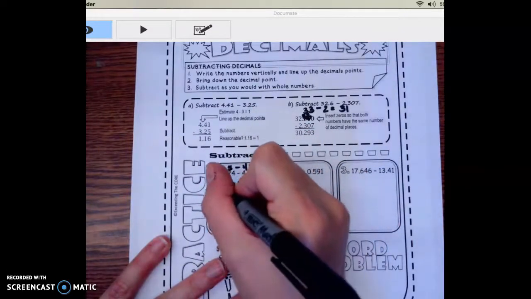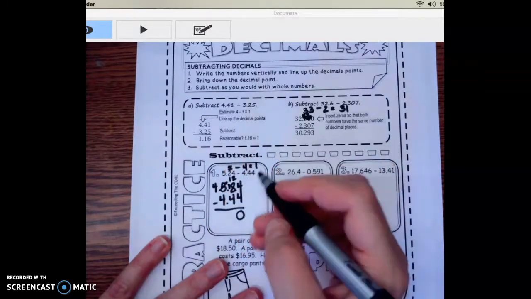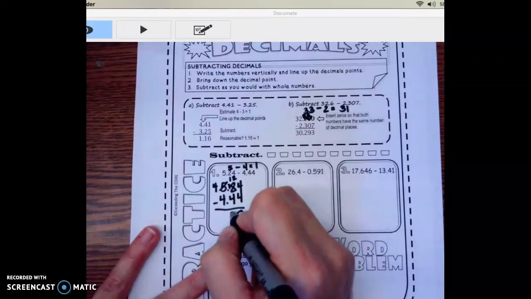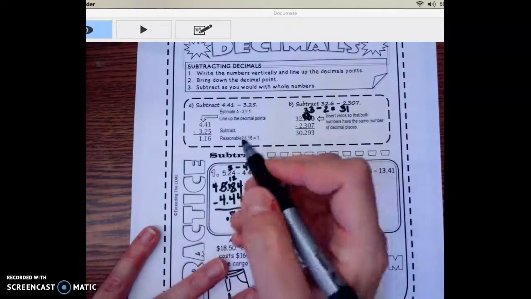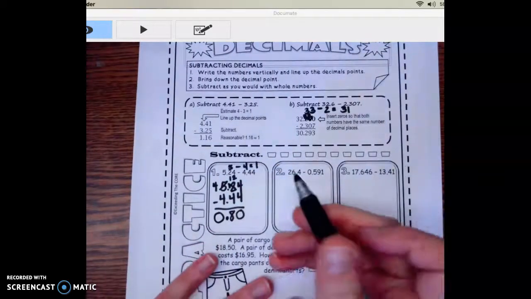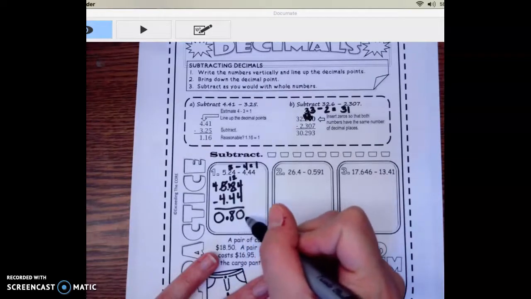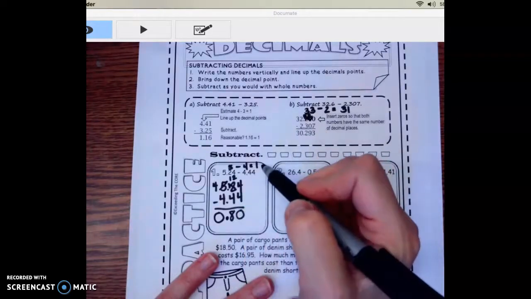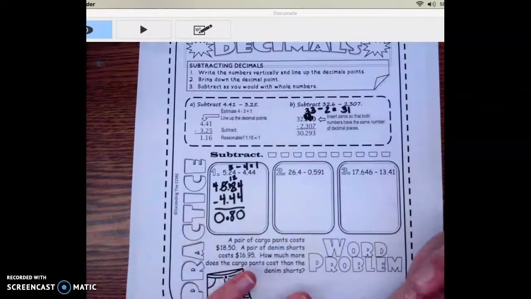I have to do some borrowing here. 12 minus 4 is 8. My decimal point comes straight down. 4 minus 4 is 0. So our answer is 8 tenths or 80 hundredths, which is close to 1, because if I rounded that, it would be a 1.